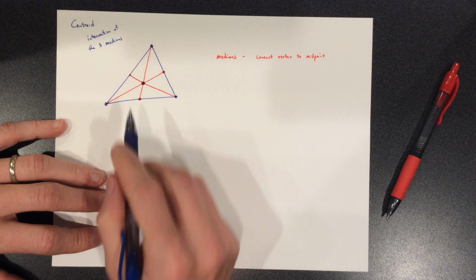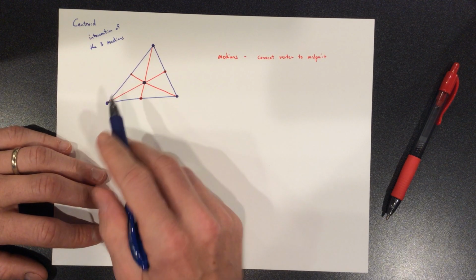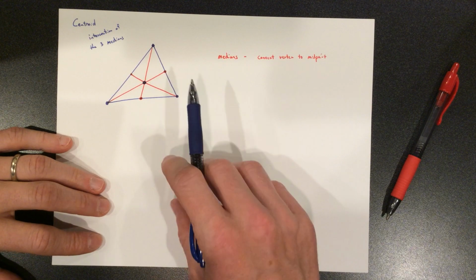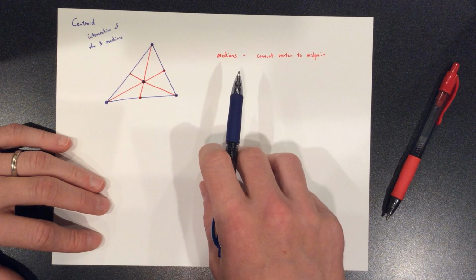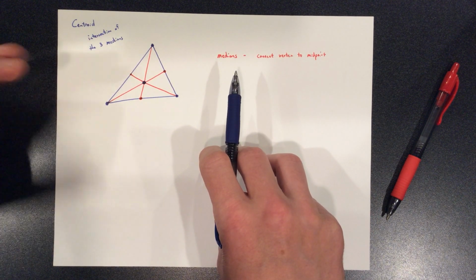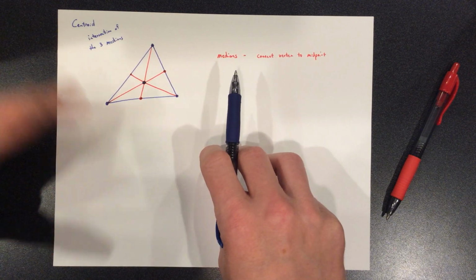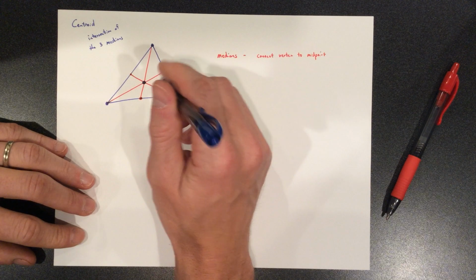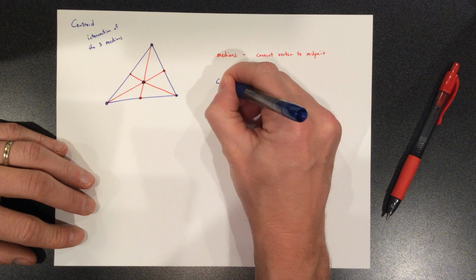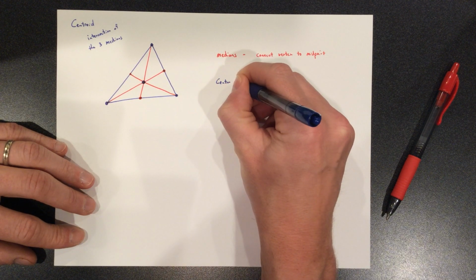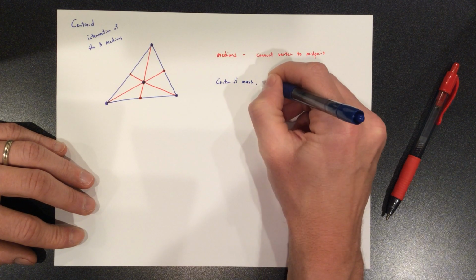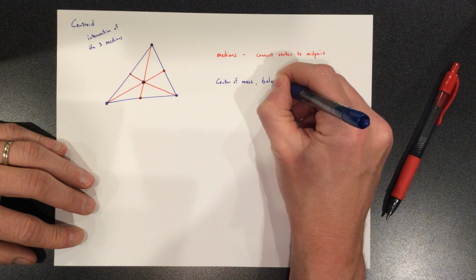Okay, so finding the centroid is pretty easy. Just draw the three medians, find the midpoints, connect them, good to go. But it's got some really cool properties. So first, again, it's the intersection of three medians. Kind of boring. But it turns out that the centroid is the center of mass, or the center of gravity, which means it's the balance point.